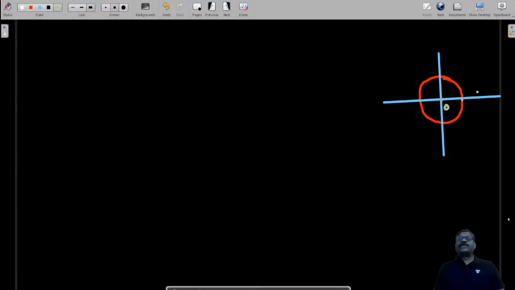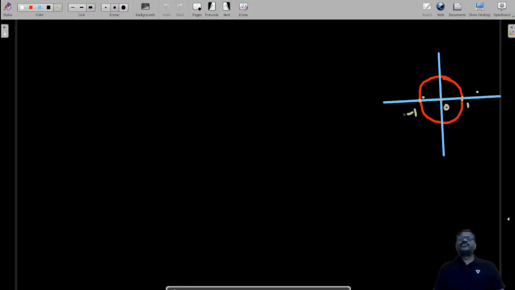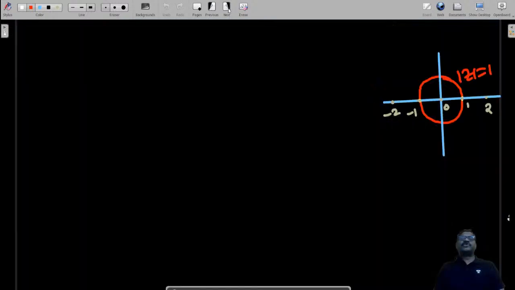Another two singular points are plus or minus 2, which lie outside. Now, only one singular point lies inside. We have to calculate the residue at 0.